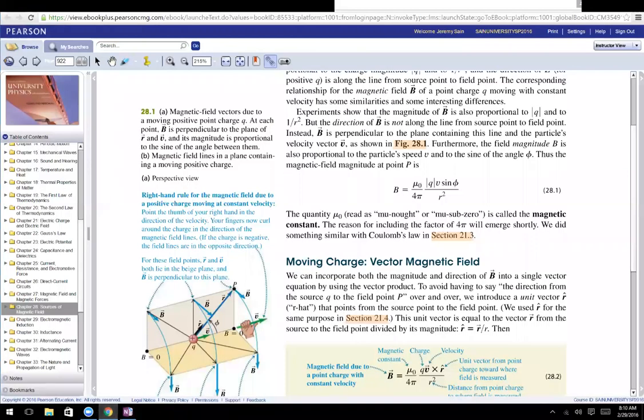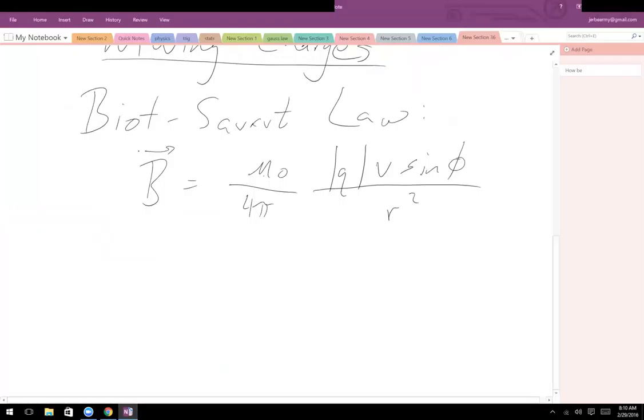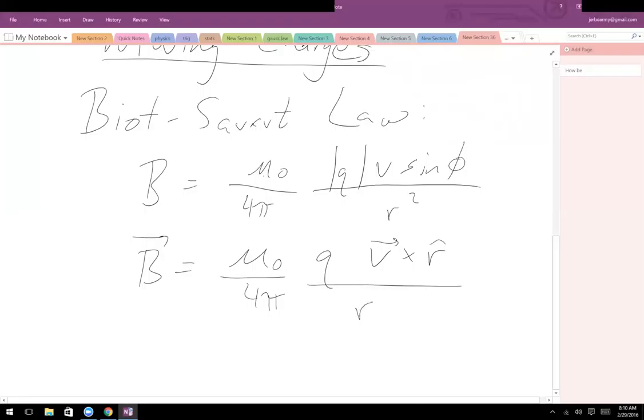If you want the vector version, it's down here. If you want the full-on vector, you have to do a cross product, which we don't actually have cross products in college physics. But just so you've seen it.